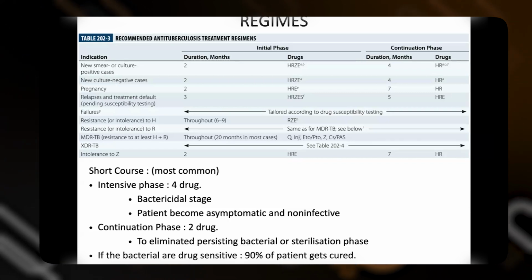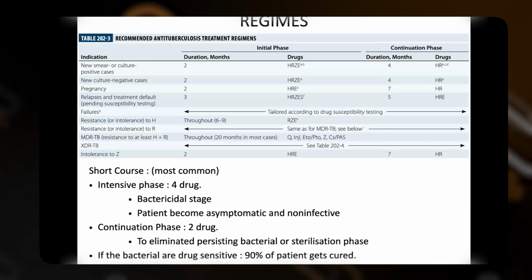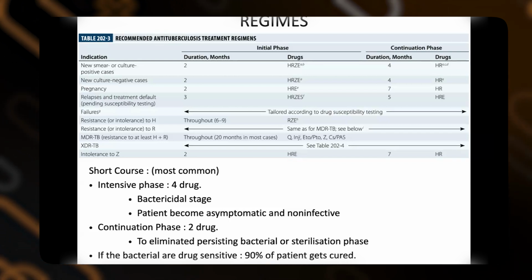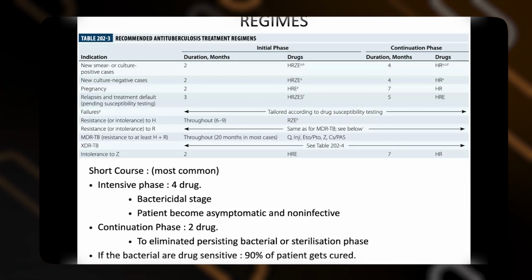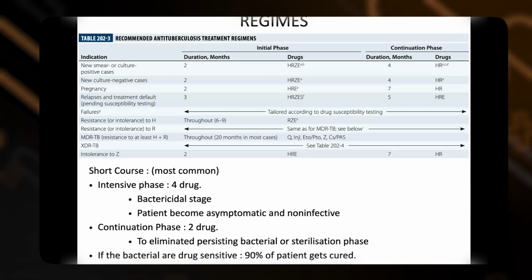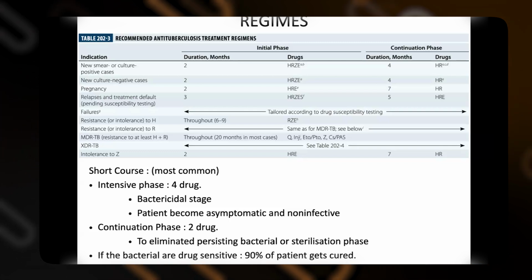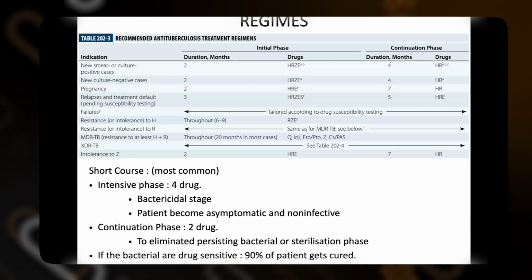And it's a slow growing bacterium. So to eliminate those few bacteria which have stayed behind, and to sterilize, we continue with the continuation phase of 2 drugs, which would again be bactericidal drugs, that is INH and rifampicin, for an extended duration of time.